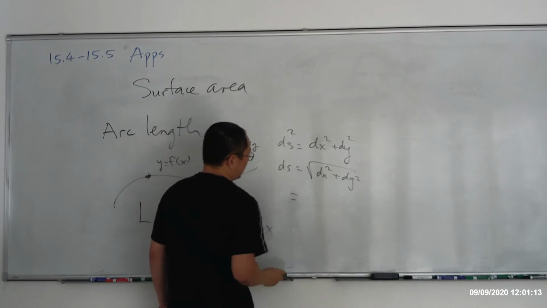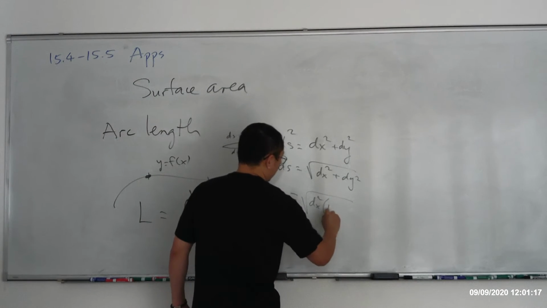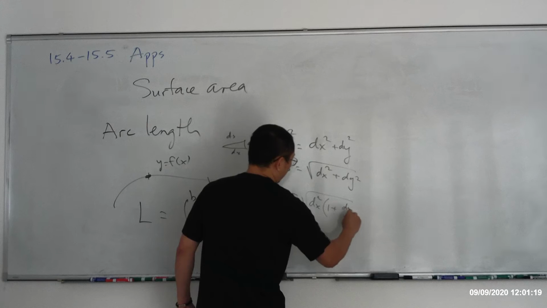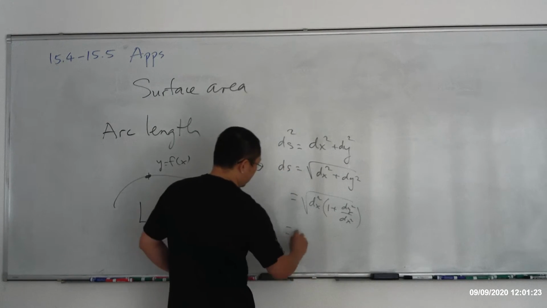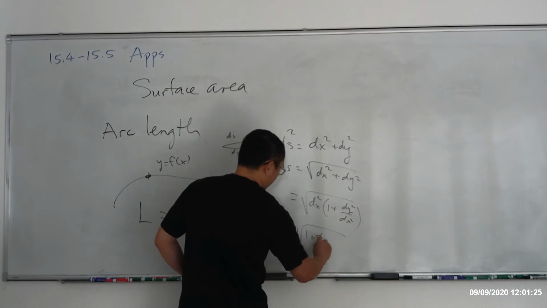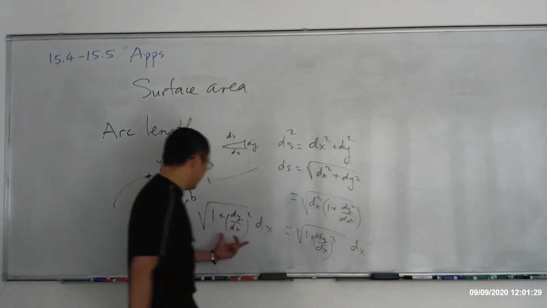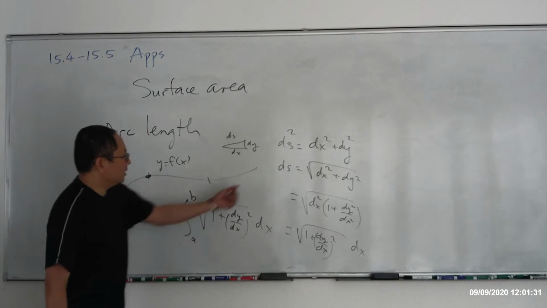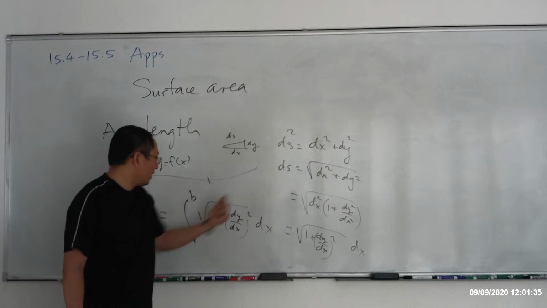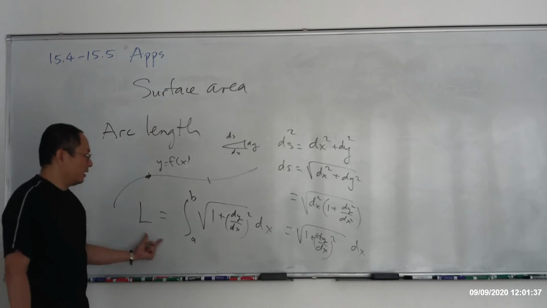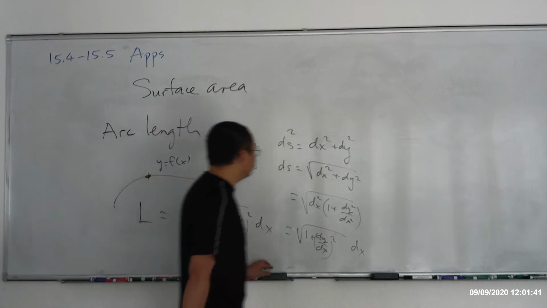You can factor out dx squared to get the square root of 1 plus (dy/dx) squared, dx. This is pretty much the idea. Now you have the formula. This is the arc length of a little bit, and you add all the little bits together and you have the arc length for the entire curve from A to B.